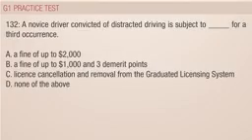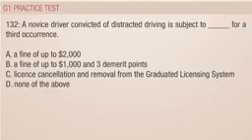Question 132. A novice driver convicted of distracted driving is subject to, fill in the blank, for a third occurrence. A. A fine of up to $2,000. B. A fine of up to $1,000 and 3 demerit points. C. License cancellation and removal from the graduated licensing system.